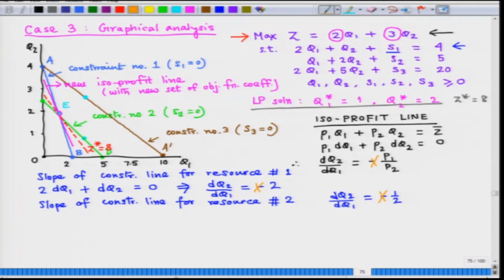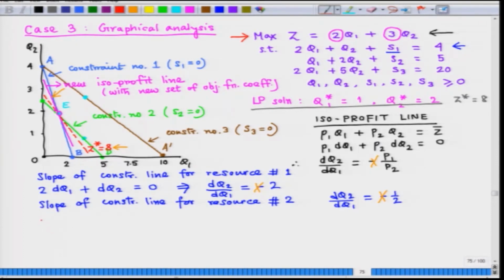So, from the diagram I see that my original isoprofit line, which is this red broken line, and the changed isoprofit line, which is this pink line, have to lie between these input constraint lines, the green line and the blue line. Then this relation is valid.